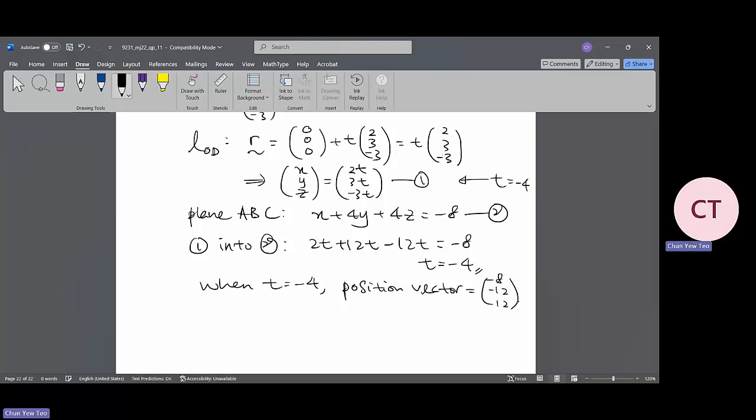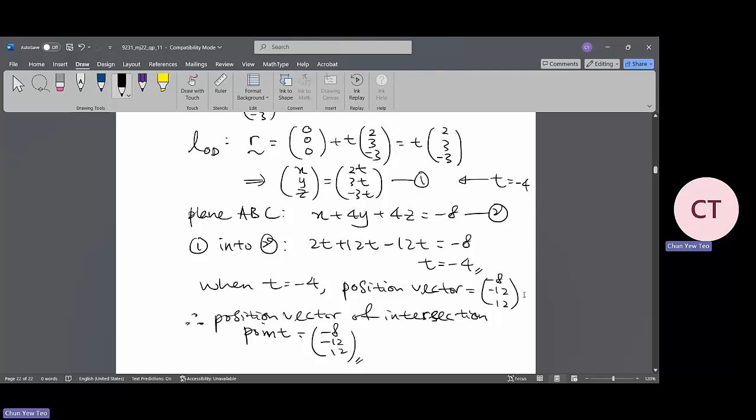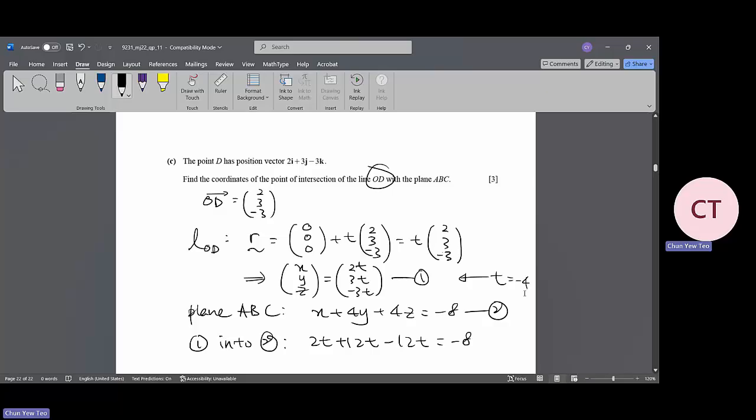Okay, like this. Therefore, the position vector of the intersection point is equal to -8, -12, and 12. That will be the answer for the number 2 C.